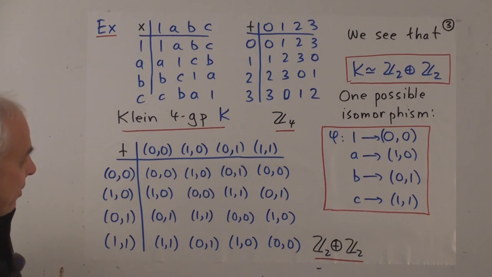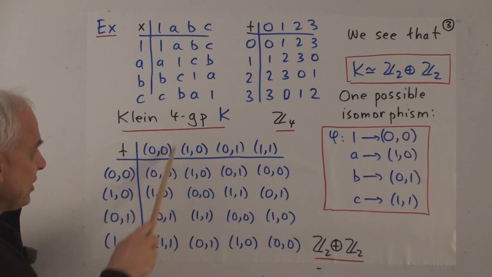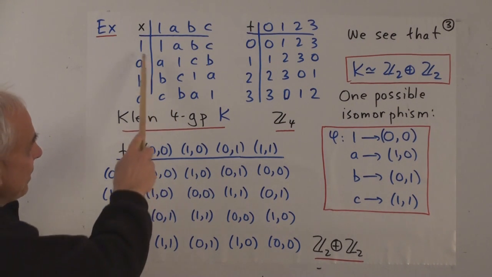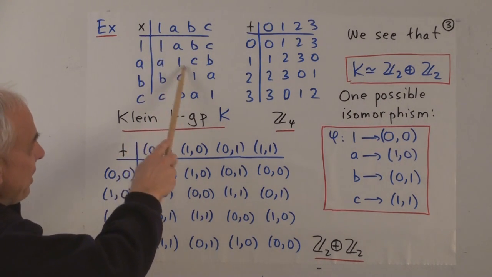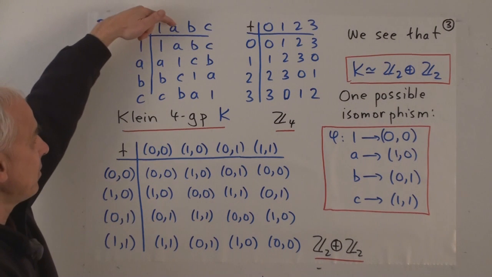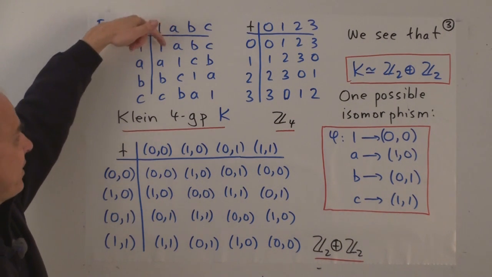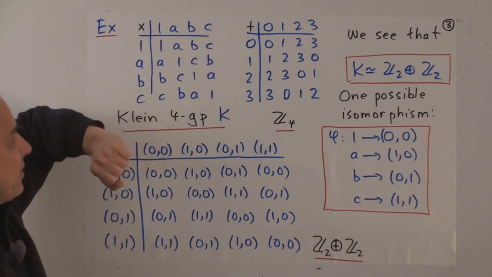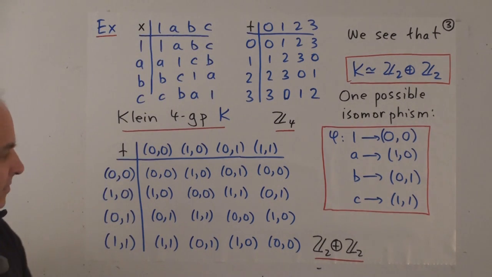Well, if you look at the table and sort of see the pattern, you see that it's these two that are isomorphic. One way of seeing that, for example, is the identity. The identity is appearing here down the diagonal, telling us that any element times itself is the identity. So in other words, any element squared in this group is the identity.